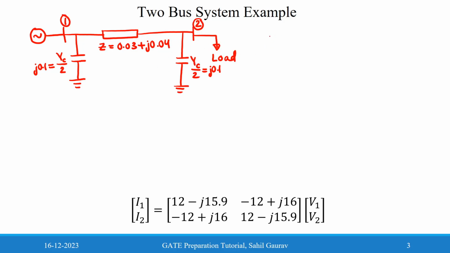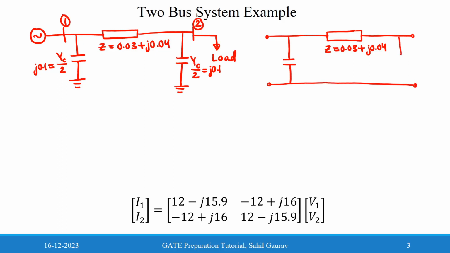So this is 0.03 plus j0.04 and j0.1 at each end.